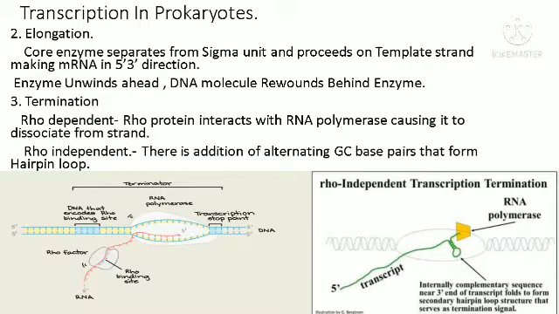In the rho-independent, once the RNA polymerase reaches the stop sequence, it will then add alternating GC bases. So you have GC, GC, GC, something along those lines. And because those added sequences complement each other, they base pair to each other. And when they base pair to each other, they form a loop, such as the one shown here.